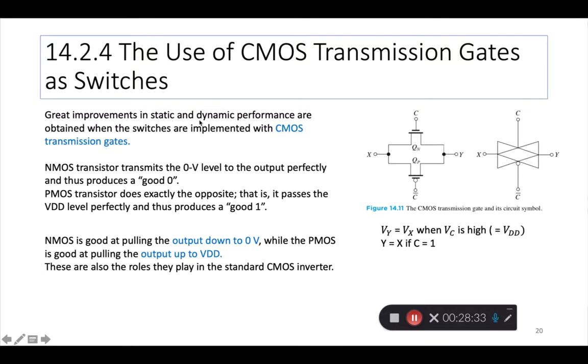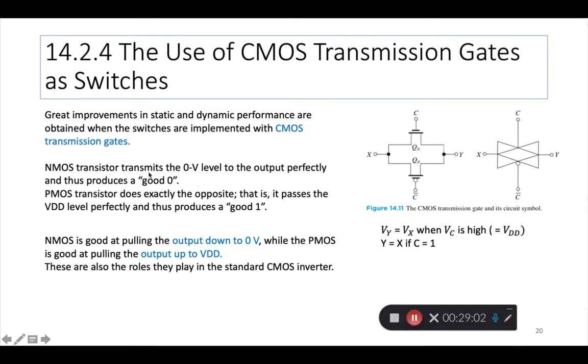Great improvements in static and dynamic performance are obtained when the switches are implemented with CMOS transmission gates. The NMOS transistor transmits the zero level to the output perfectly, and thus produces a good zero. PMOS does exactly the opposite, that is, it passes the VDD level perfectly and that produces a good one.